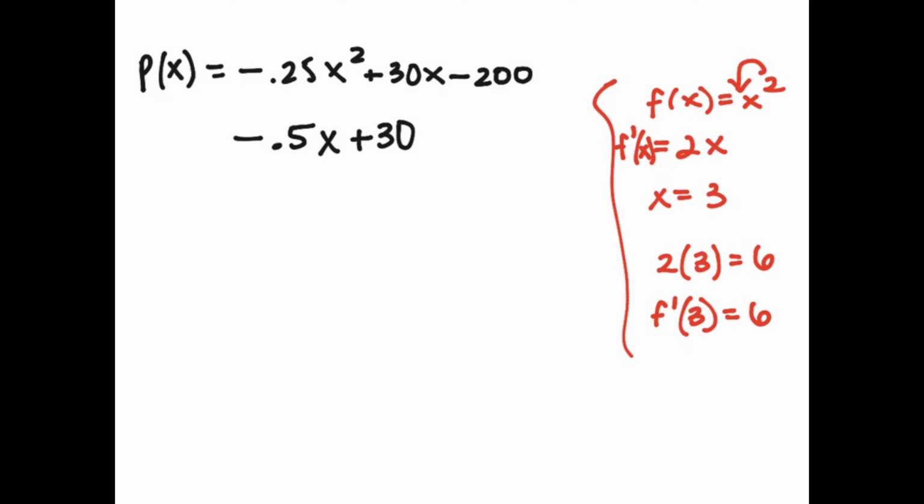So it's just plus 30. And anything that's a constant, anything that doesn't have a variable, the derivative is 0. So I can say that my derivative is going to be negative 0.5x plus 30.